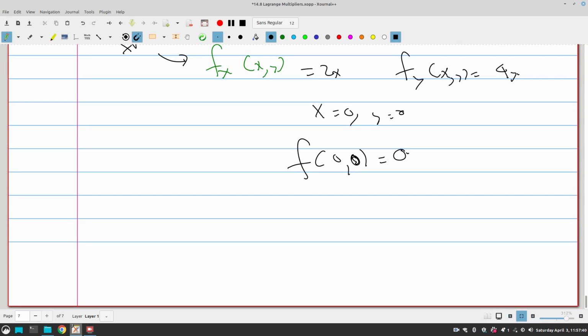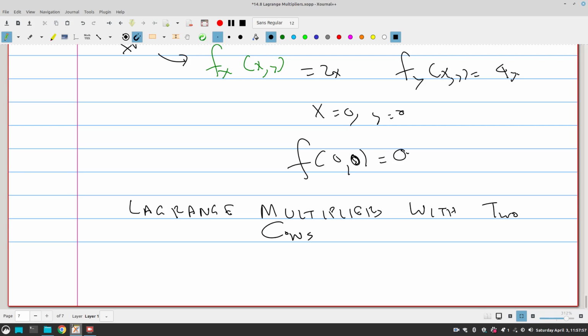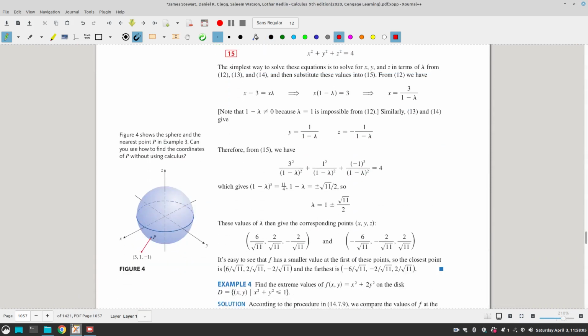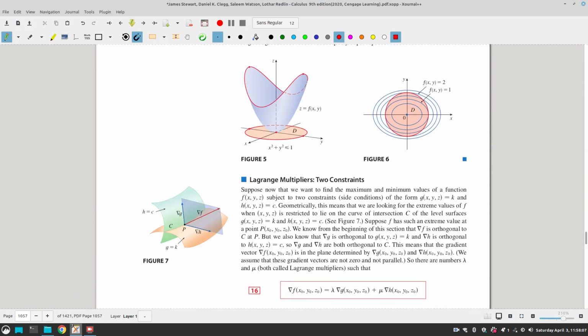Okay, so the next topic is, of course, Lagrange multipliers with two constraints. What happens if you have two constraints? Let's look at the reasoning given.